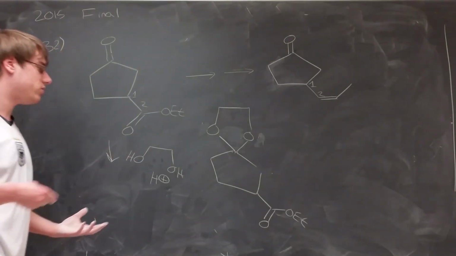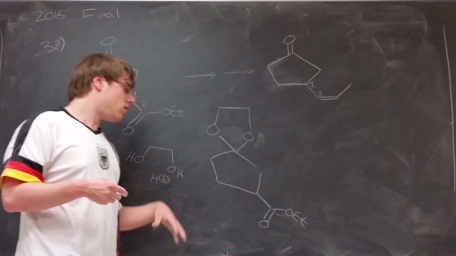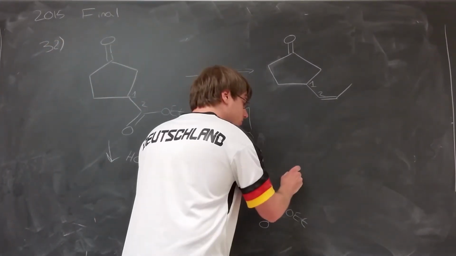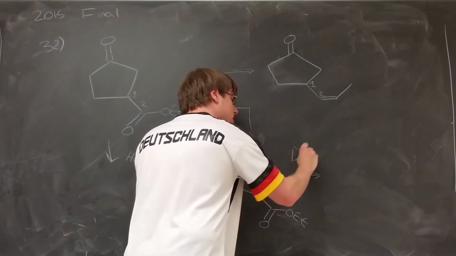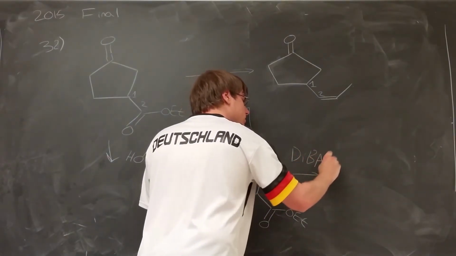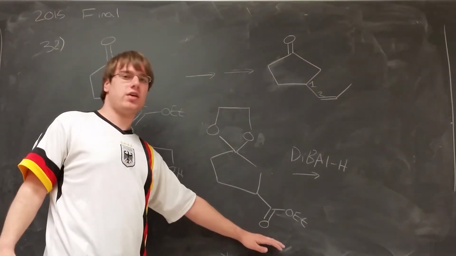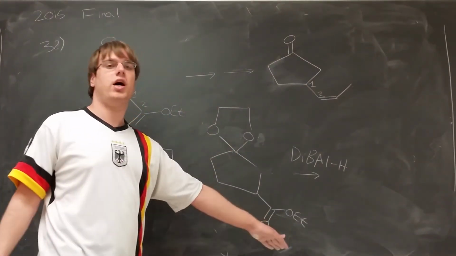And there's a really easy way of doing that. All you have to do is react this with DIBAL-H, because DIBAL-H is that special reducing agent that turns carboxylic acid derivatives into an aldehyde.